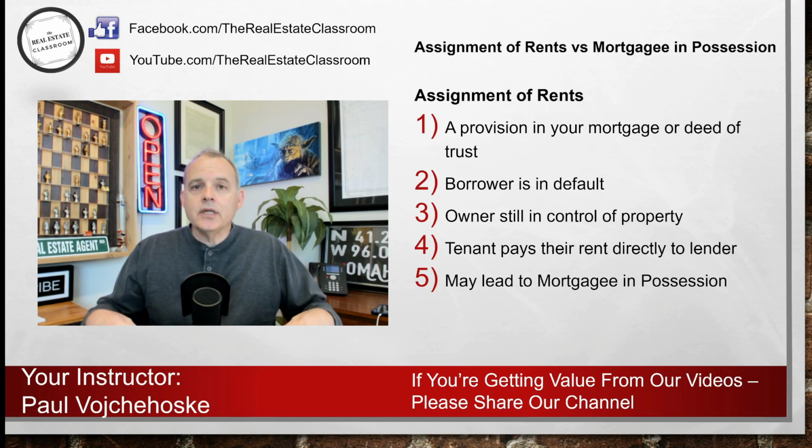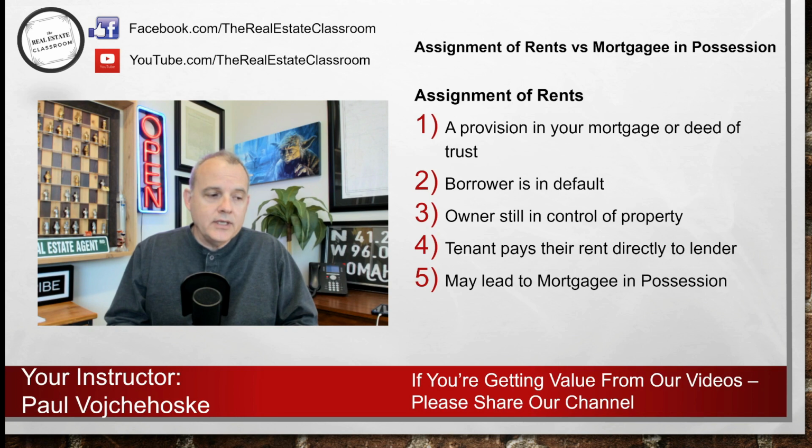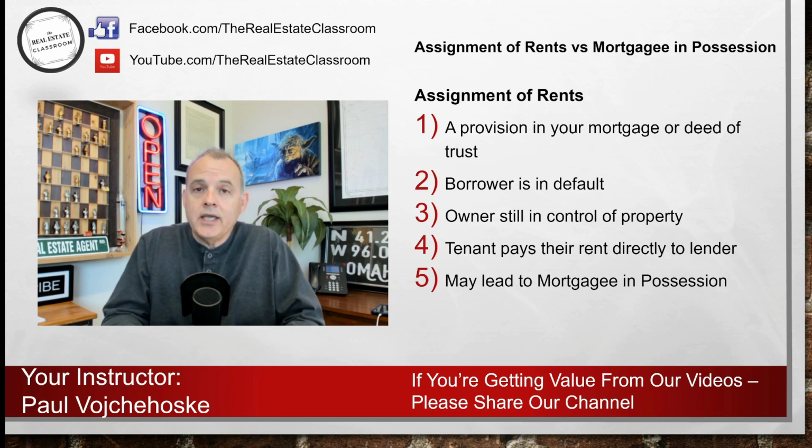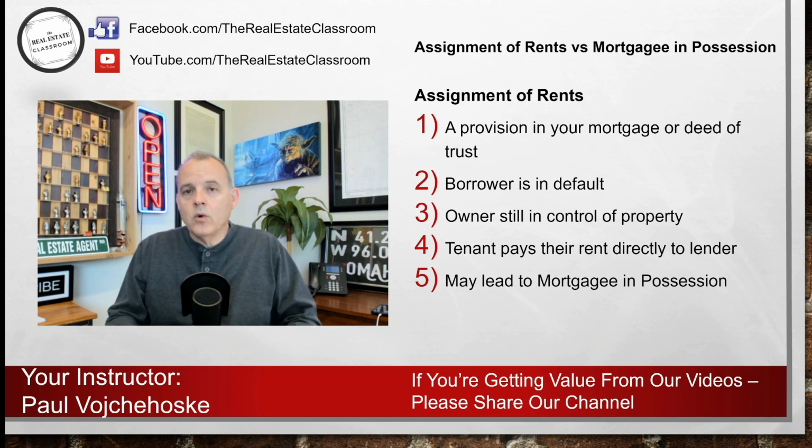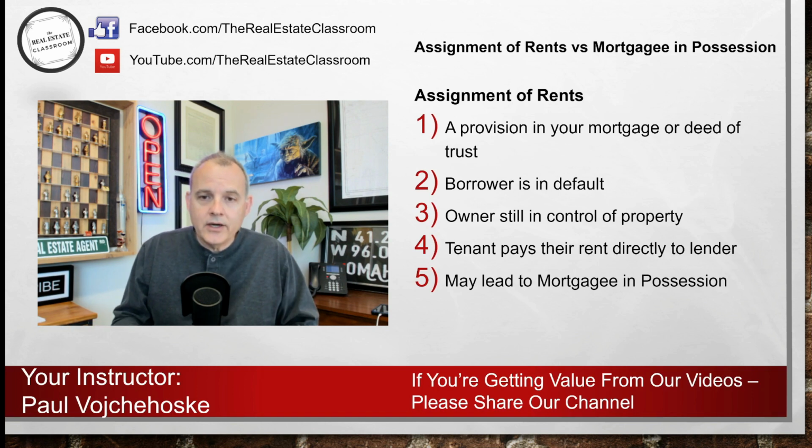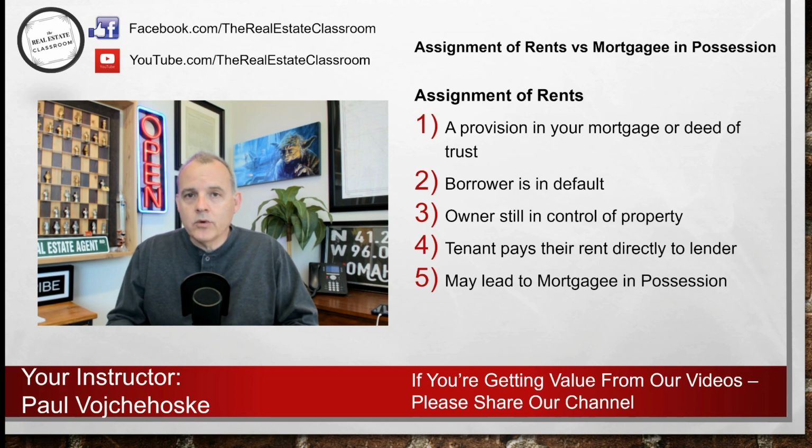So the lender will contact the tenants directly and say, start sending your monthly rent payments to either us or our authorized representatives, which is many times a property management company that they hire to do that. Again, the tenant pays their rent directly to the lender or their authorized representative. Now, this can lead to mortgagee in possession, but it doesn't necessarily always mean that it does.